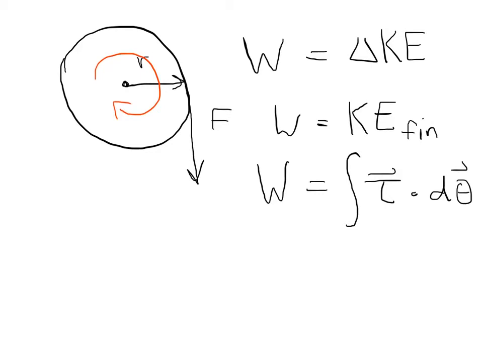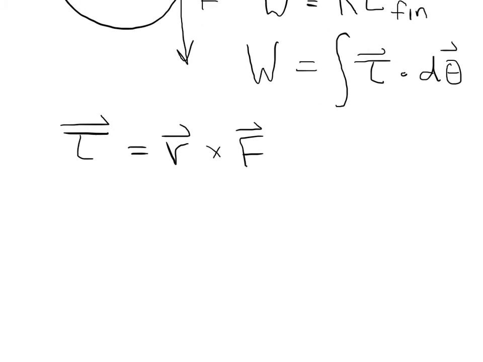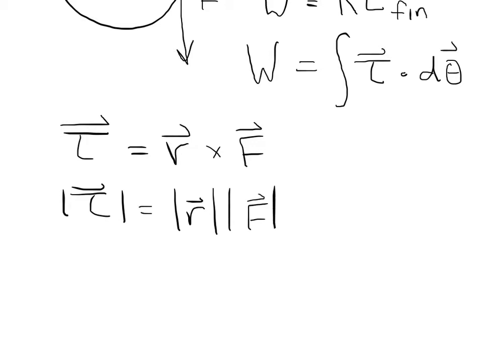So let's calculate the torque. Torque, as we know, is r cross F. When we're talking about magnitudes, the magnitude of torque is just the magnitude of the radius, times the magnitude of the force that's applied, times the sine of the angle between them. We have to be a little bit careful about confusing sine theta, which is the angle between the radial vector, or the moment arm, and the force, and the d theta up here, which is the number of revolutions.